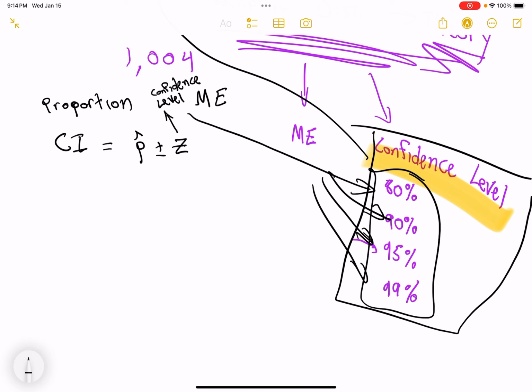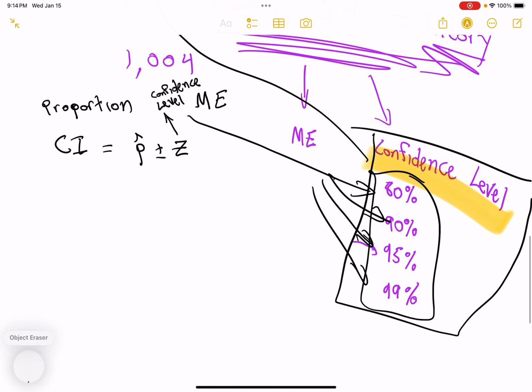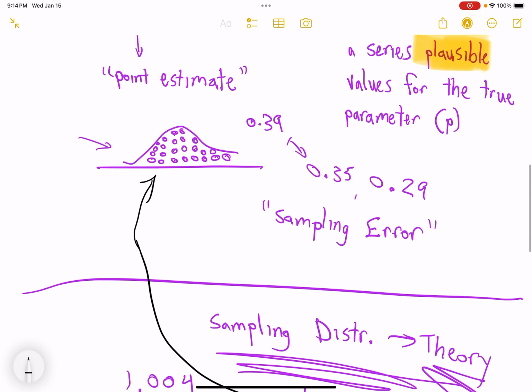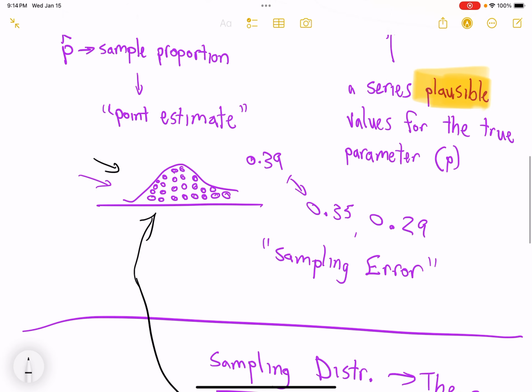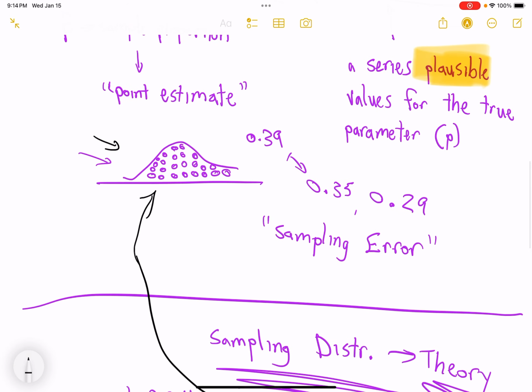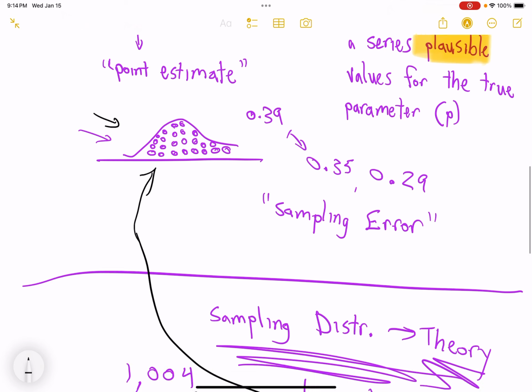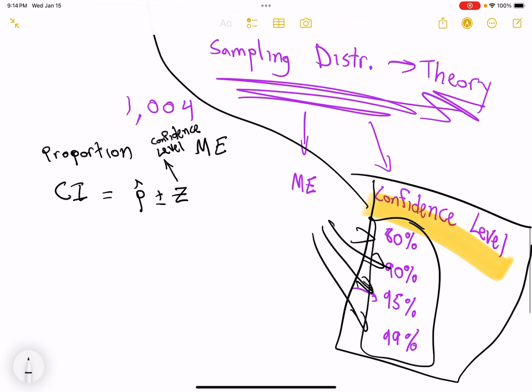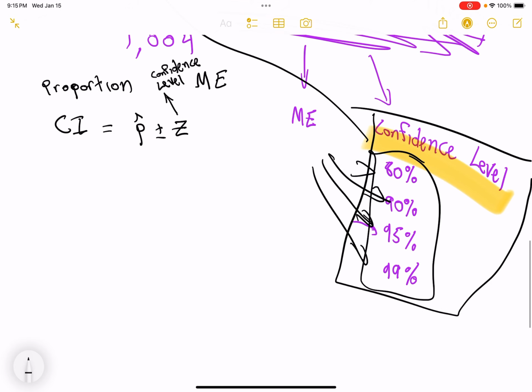So what we're essentially doing is we are using this z-score and our idea of a sampling distribution to set a margin of error. So that margin of error requires our confidence level, and it requires us to be able to treat our theoretical sampling distribution, right, that I keep referring back to here, of possible samples of size n equals 1004 of approval ratings for Joe Biden, for them all to take into account a sense of a normal curve, and for us to be like, well, I'm going to take into account 80% of those possible values, 90% of them, or 95 or 99% of them.